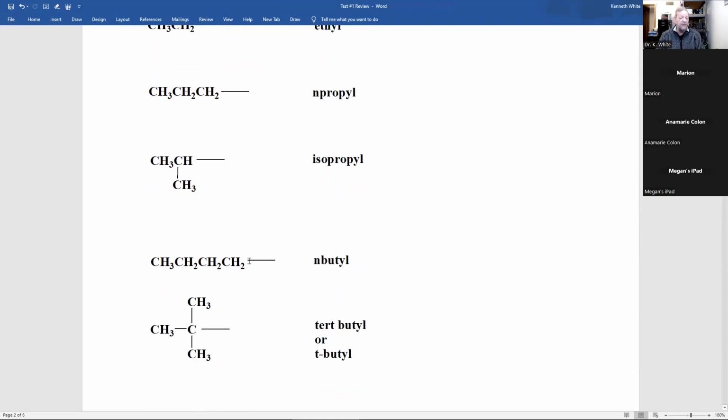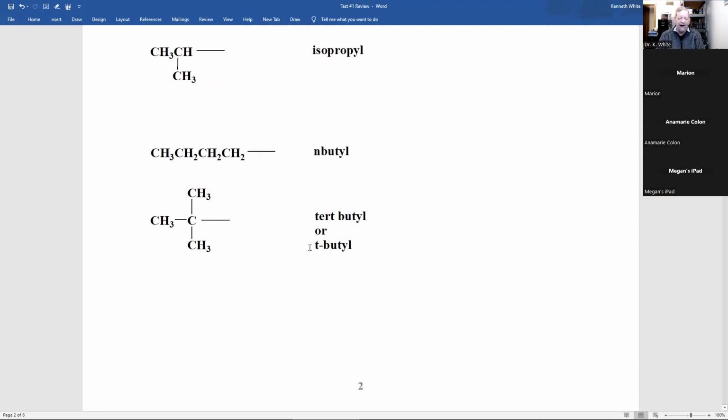Then 4 carbons to the end, n-butyl. And when 3 CH3s are on a center carbon, on a chain or a ring, that's t-butyl or tert-butyl. After the first test, I become a lazy organic chemist, which we are, and just call it t-butyl.